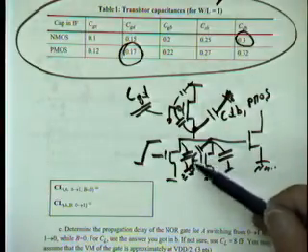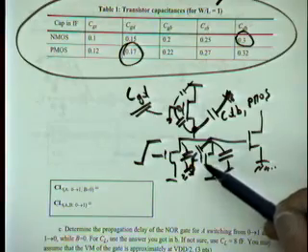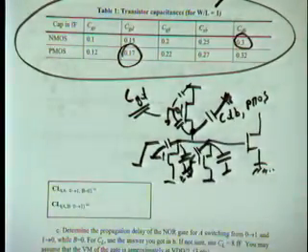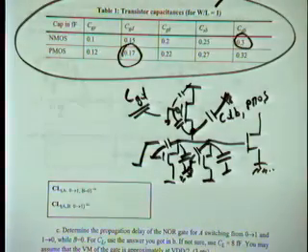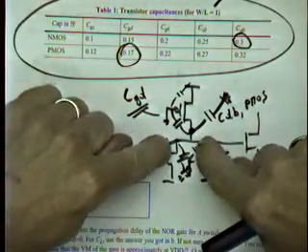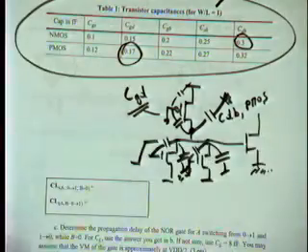For this guy, we have to double the capacitance because the Miller effect happens, right? The gate goes up, the drain goes down. While if both of them switch, if A and B switch at the same time, we're going to have Miller capacitance on both. That's the difference between the two parts of the question.